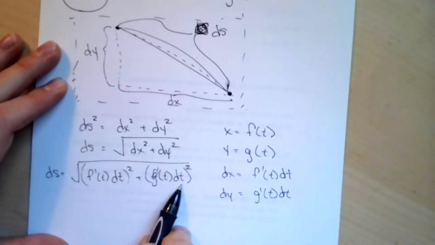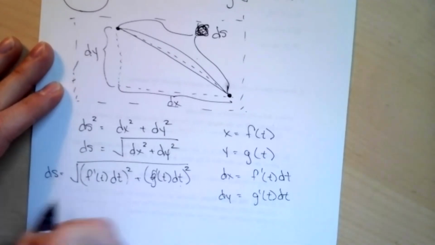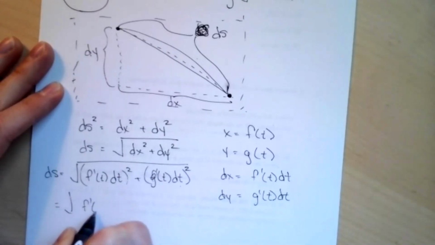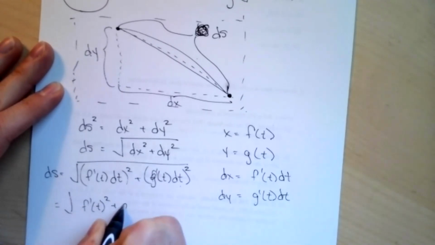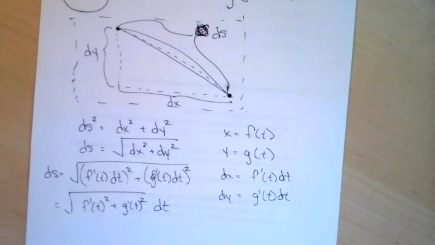Now, when we square the differentials, I can factor that out and then factor that square differential outside the square root. And so we're going to get f prime squared plus g prime squared, and then we would factor out that dt.